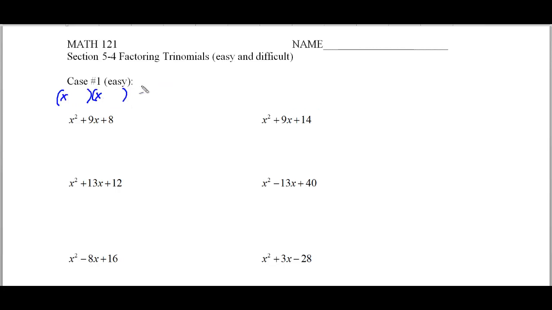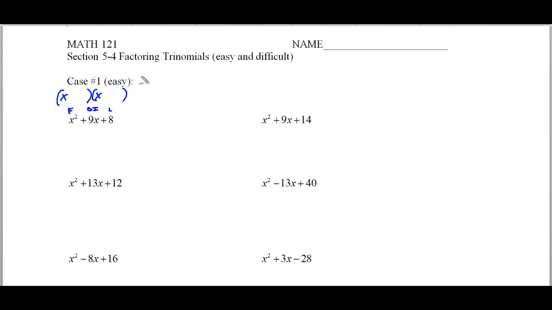What we're really trying to do is look at how we can get the middle term to be made by the end terms, or how the O and the I get made from the factors of this number. Since the F, or first term, has an x squared in it, we're always going to have 1x and 1x, so we don't have to worry about it. But now we just have to think of the correct combination.